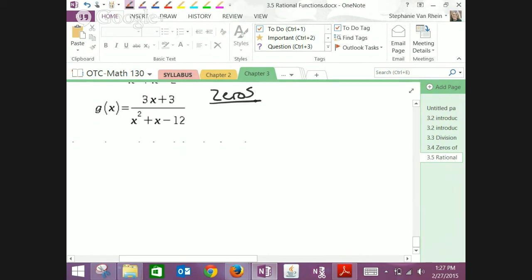We want to see zeros of the function or vertical asymptotes. Vertical asymptotes come from the denominator, zeros come from the numerator of the function. So where does 3x plus 3 equal 0? 3x equals minus 3, so x equals minus 1.